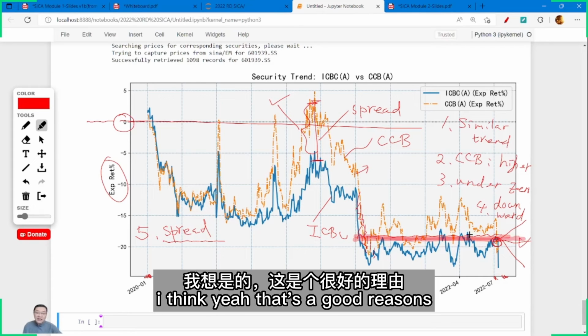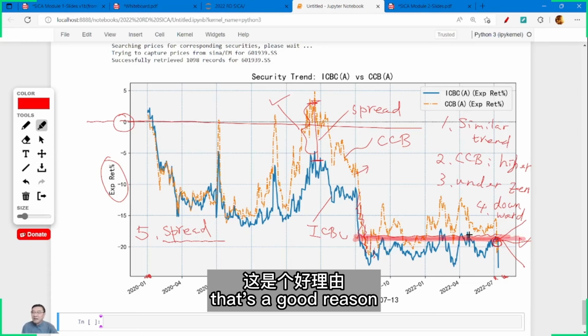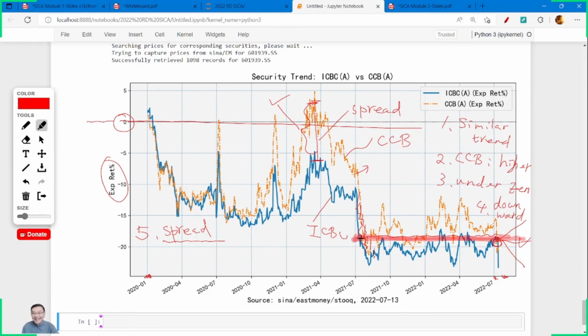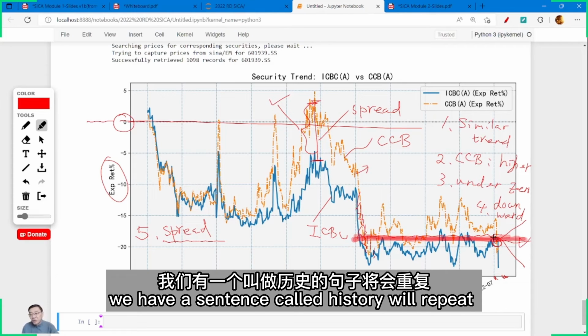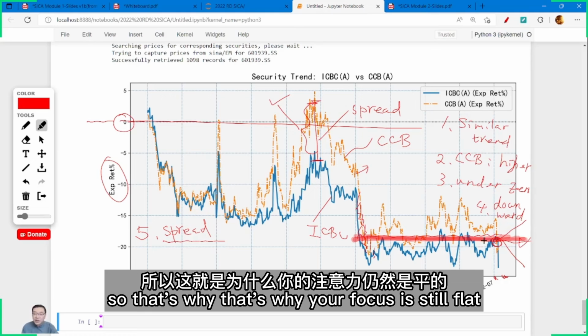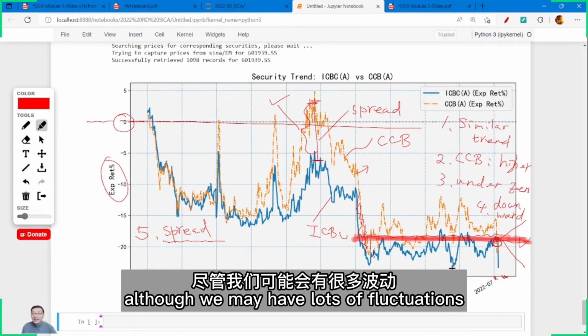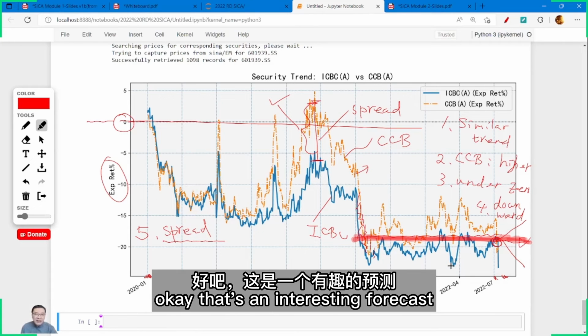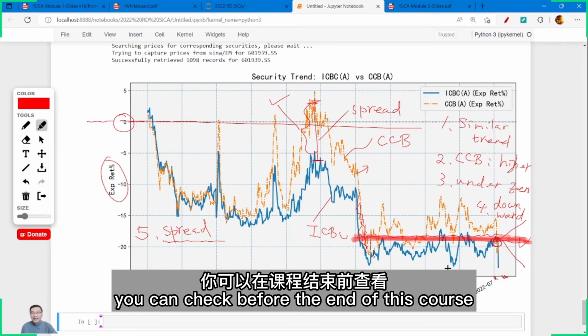So actually in investment, we have a saying, history will repeat, right? This is the trend. So that's why your forecast is still flat, right? Although we may have lots of fluctuations, the trend will be flat. Okay, that's an interesting forecast. And you can check before the end of this course, which means close to the end of this month. Okay, thank you.